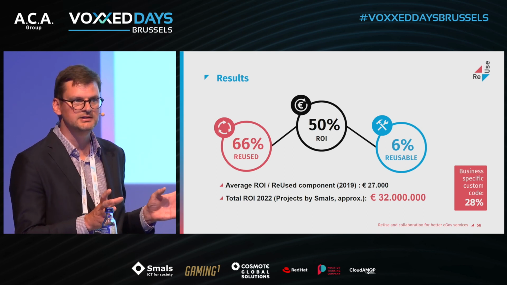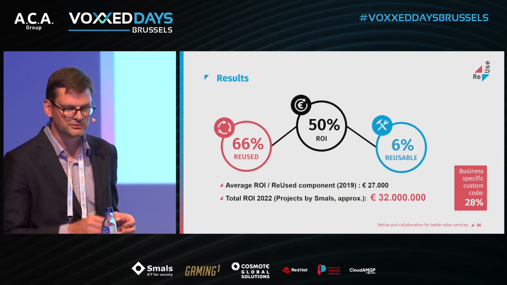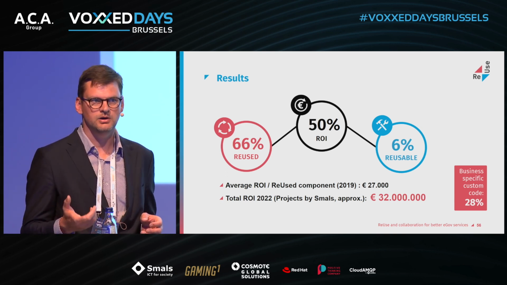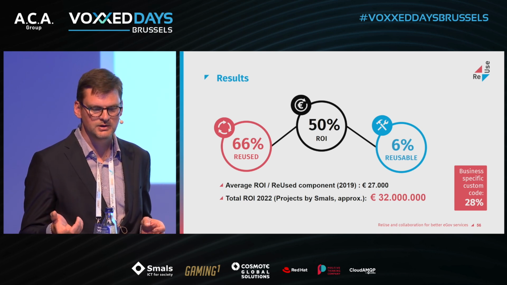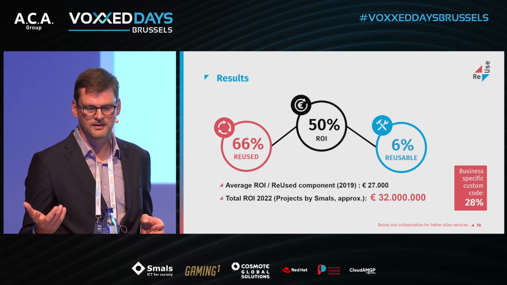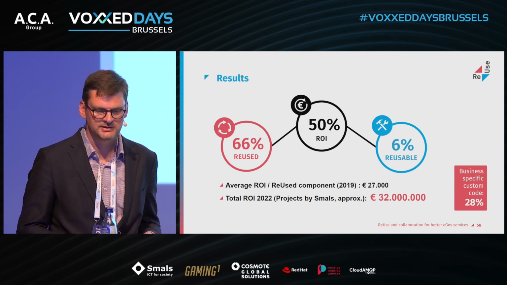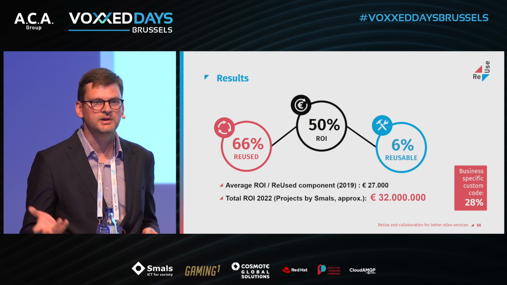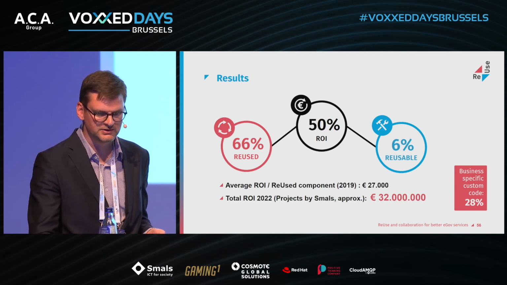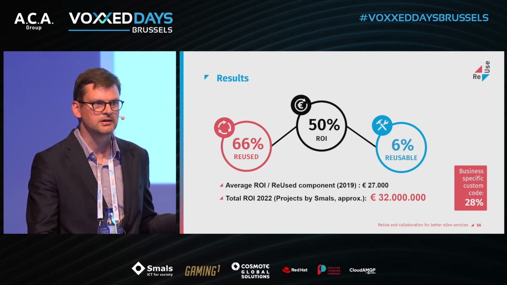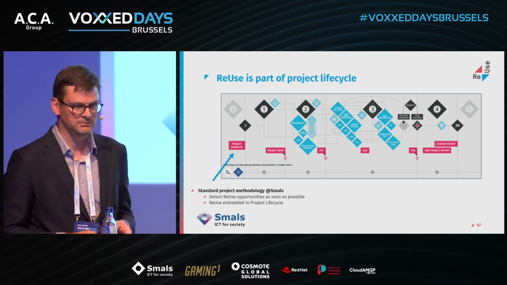That's all functionality that we don't write from scratch, but that is provided by the software reuse catalogue. We sometimes create new reusable components, but the custom development has been limited to 28% nowadays, and so we can make important cost savings yearly. Last year it was 32 million that was avoided, so it's tax money that can be saved.